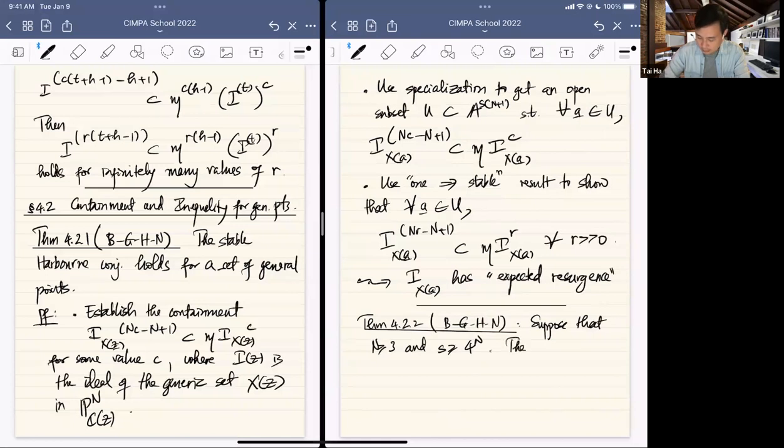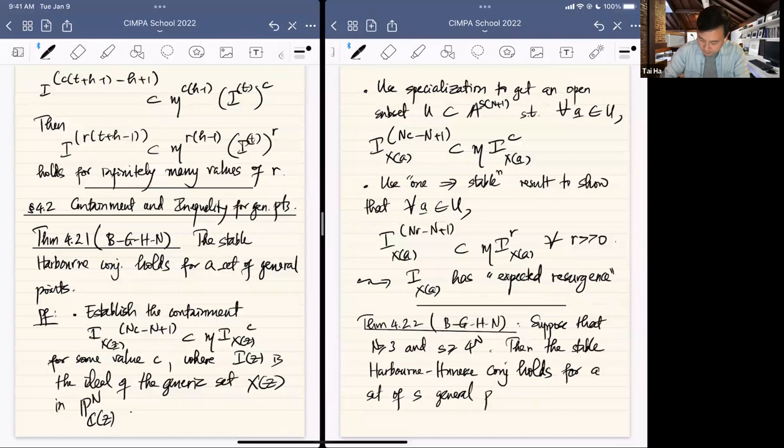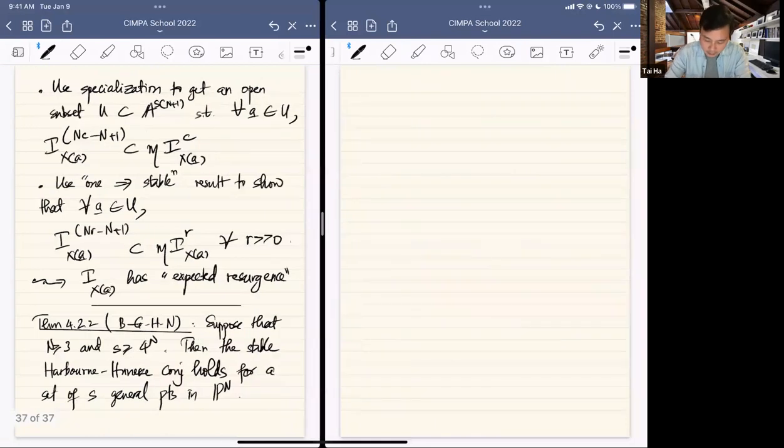Then the stable Harbourne-Huneke conjecture holds for a general set S of general points in Pn. And let me again sketch the proof, and the idea is very much the same.